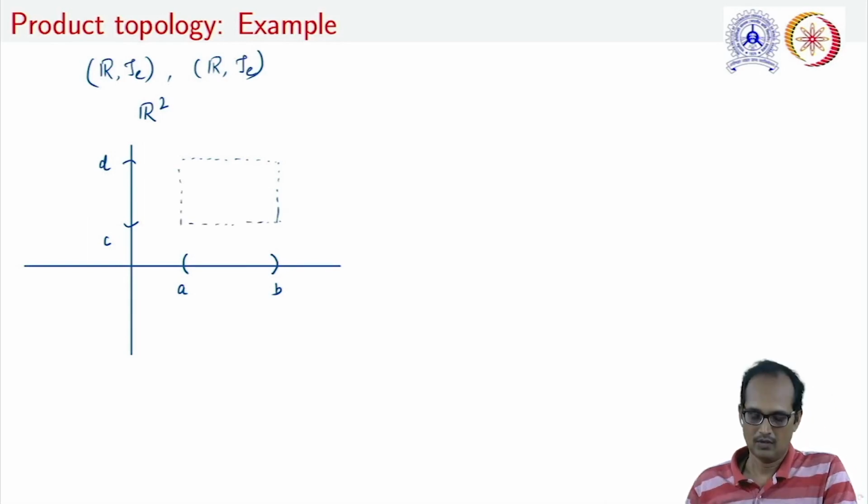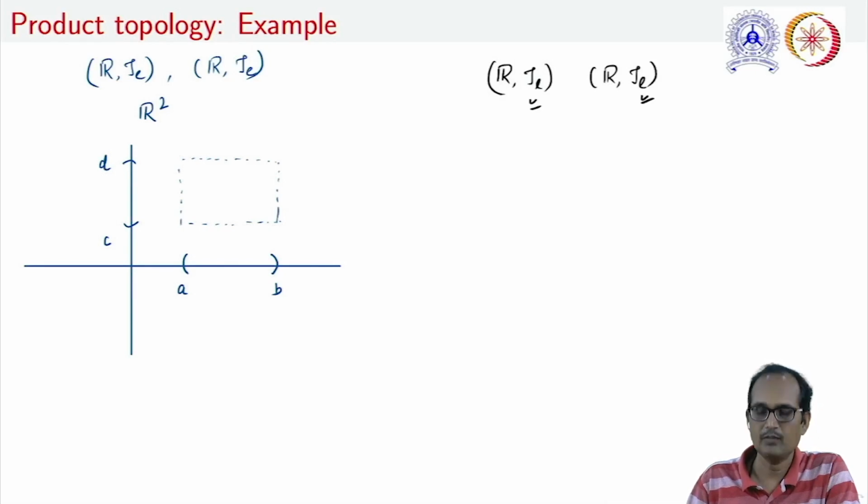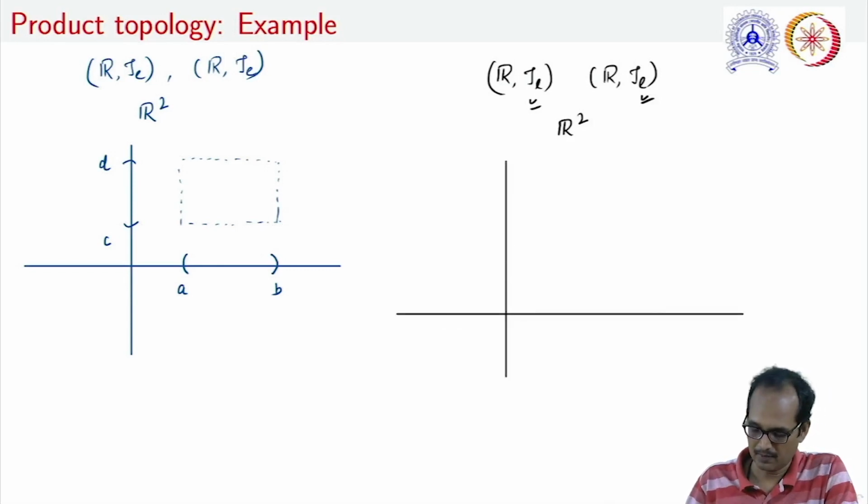Moving to another example, let us try to see the basis for the product topology on R2 when the topologies are the lower limit topology on R. So the basis element can be visualized by using this figure, because we know that the basis elements for this lower limit topology look like this. They are semi-open intervals. Similarly, we are taking another semi-open interval for this lower limit topology, that is this [c, d).